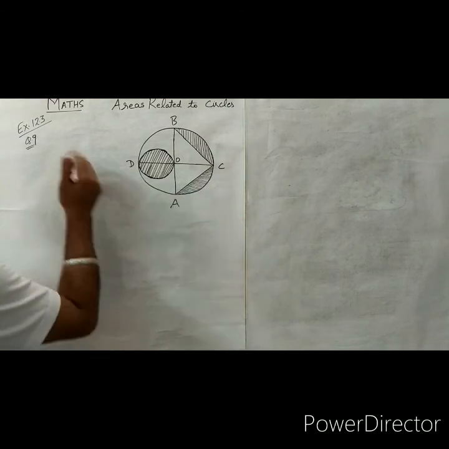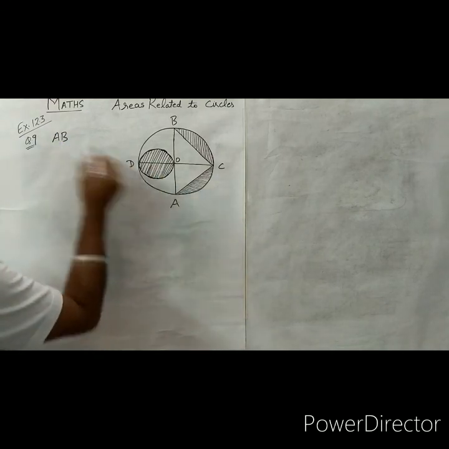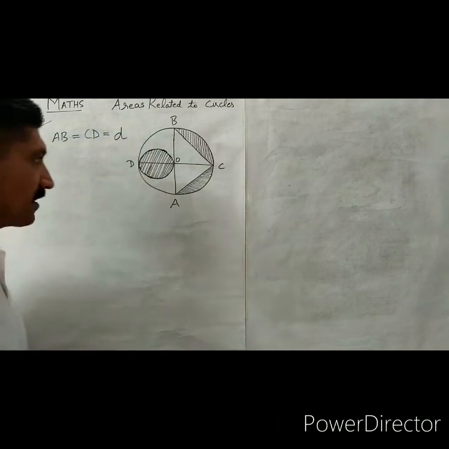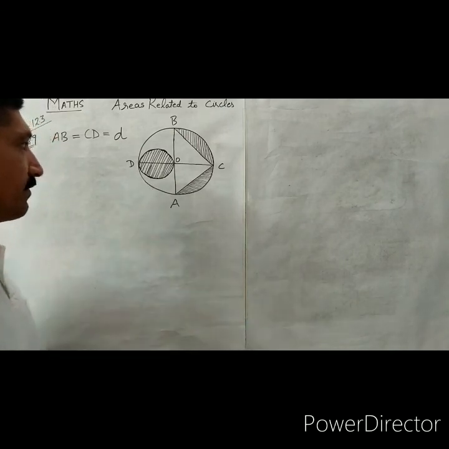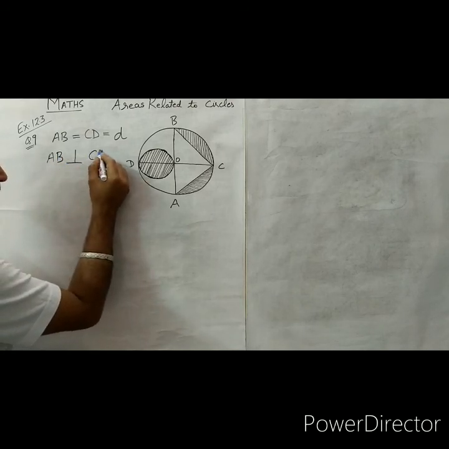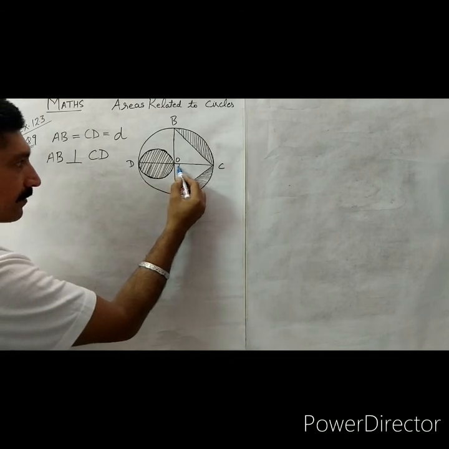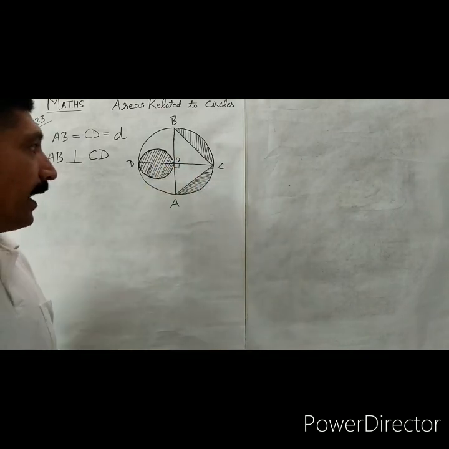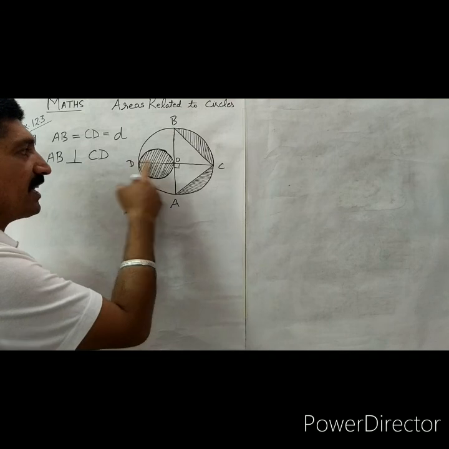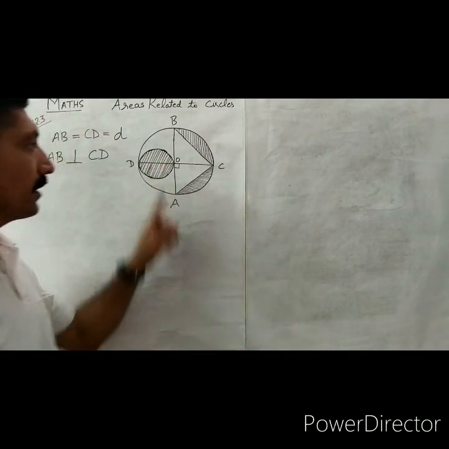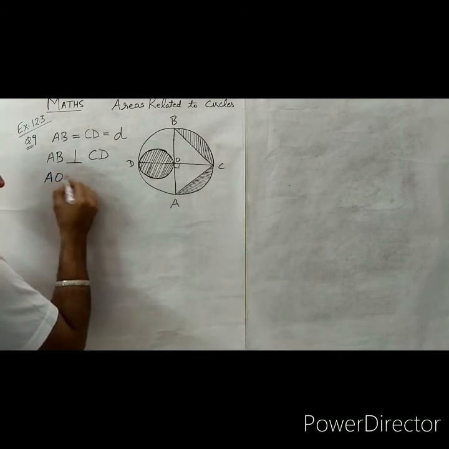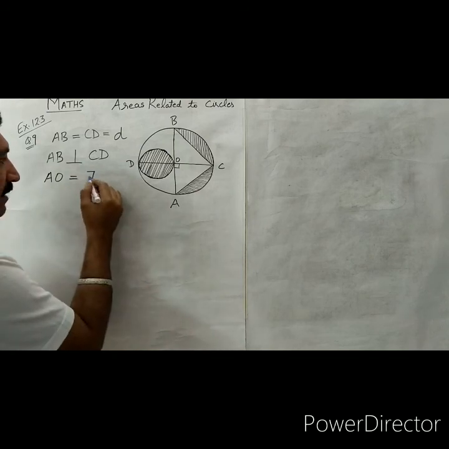In this circle, AB and CD are the diameters of the circle, and it is given that AB is perpendicular to CD, means all are 90 degree, here 90, 90, 90, and here one more circle is drawn with DO as a diameter, and also given here that AO is equal to 7 centimeter.